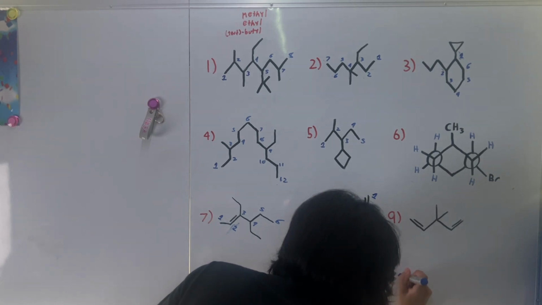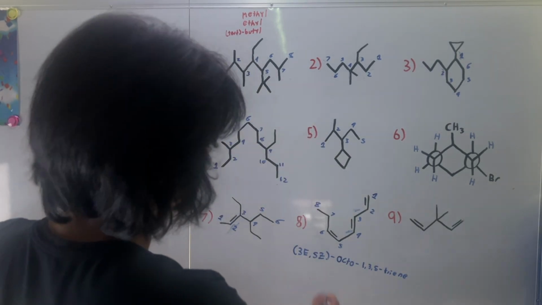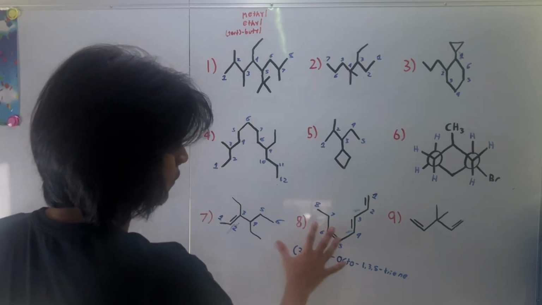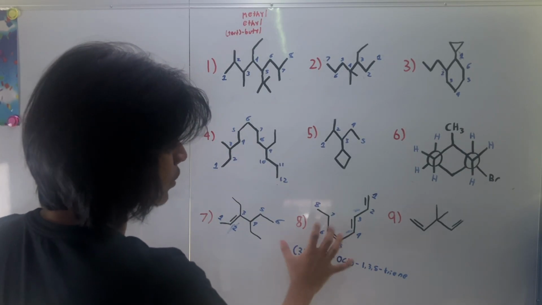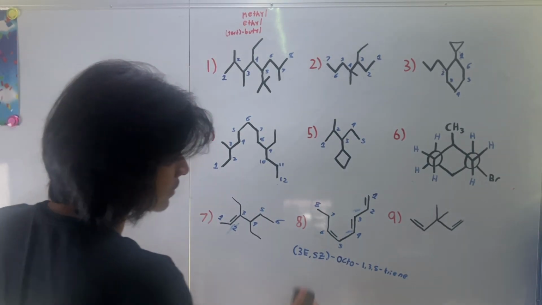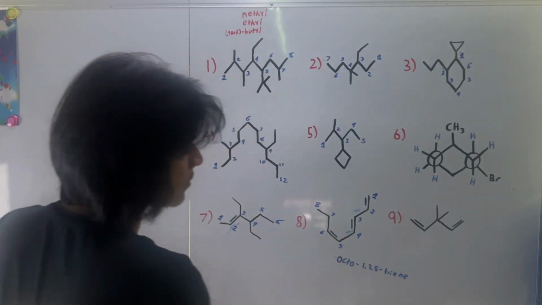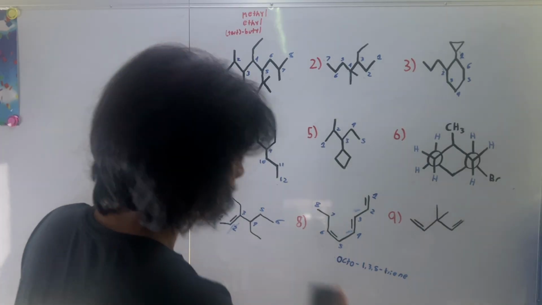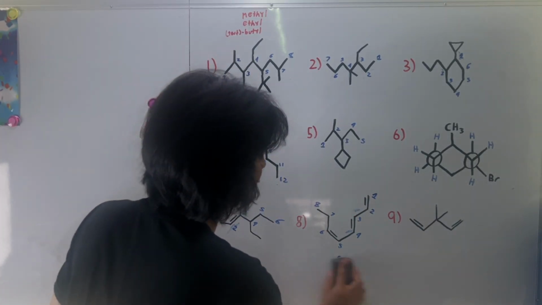Then we can write out our ene. So this would be the name for our molecule number 8. If you weren't using EZ configuration, then you could just throw this out, and you would just have octa-1,3,5-triene.